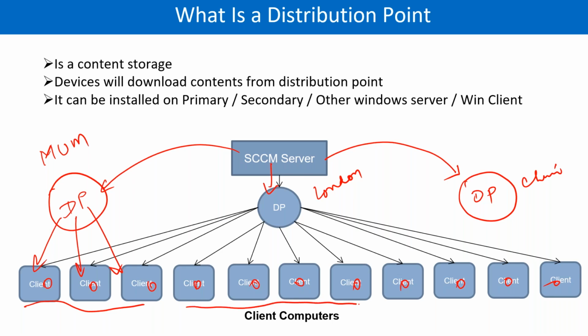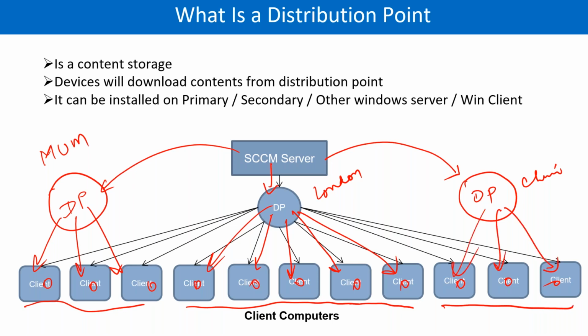These machines are in London, they will download from the London distribution point. These three machines are in Chennai, they will download from the Chennai distribution point. So the client will always download content from the closest distribution point. Is it clear? It is a content storage.